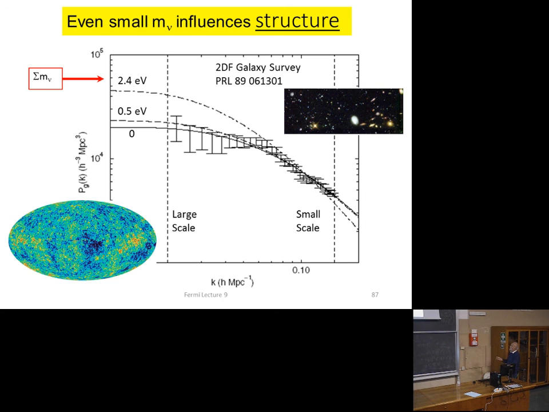That gets affected a lot, and this is just showing it graphically, depending on whether there's a neutrino mass. So this is large-scale structure, this is small-scale structure. The lines through this are how much they'd be changed depending on the mass of neutrinos. So if you have neutrinos and the difference in mass is something like 2 eV, it's a huge effect. If it's a half an eV, it's less. This is data, so we know that the difference is something small.